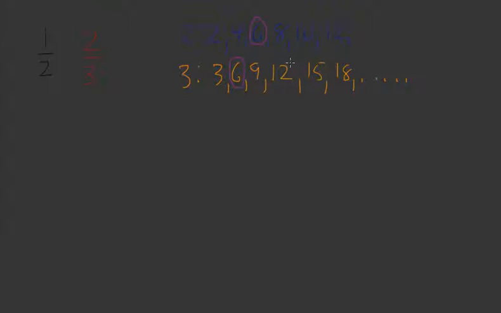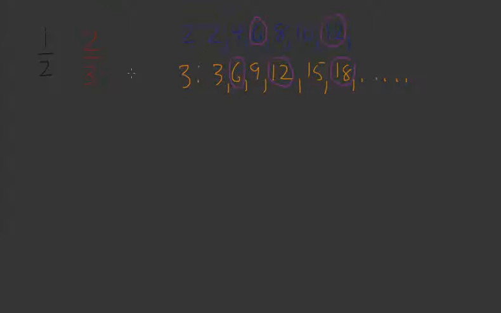What else is common? We have a 12 here, and a 12 here. And if we wanted to, this could go to 14, then 16, and then 18, and we'd have another one in common, which is 18. But we're looking for the smallest common multiple. That's what a least common denominator is. Well, the smallest common multiple, therefore, is 6 right here.